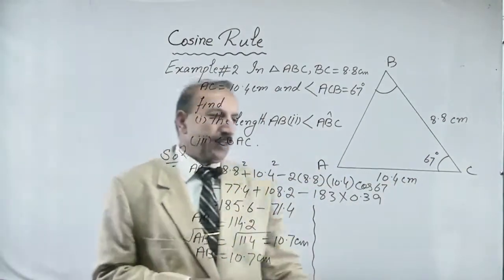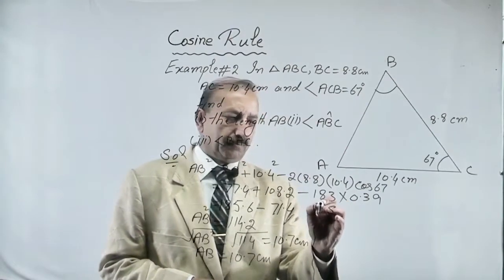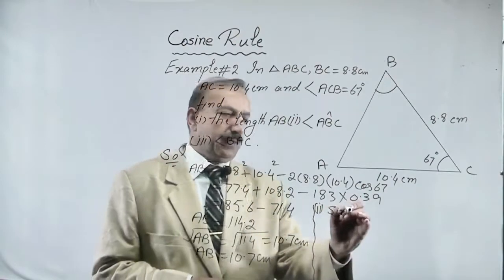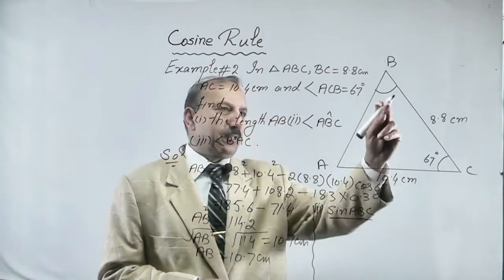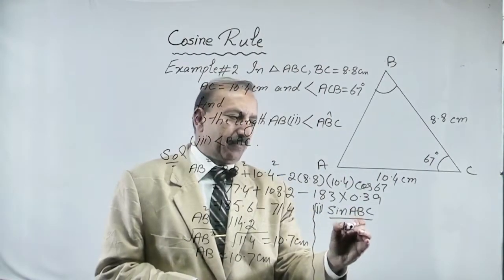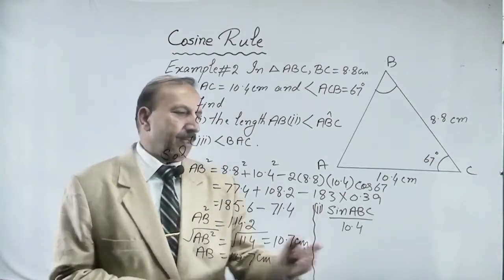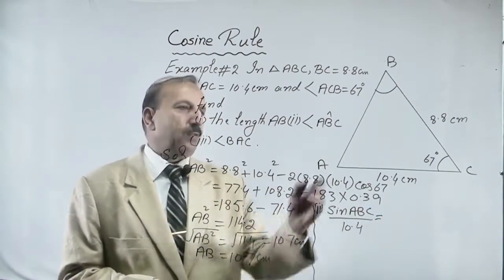Let's write sine of ABC we want to find, and its respective side is 10.4. This will be equal to the side we have found.